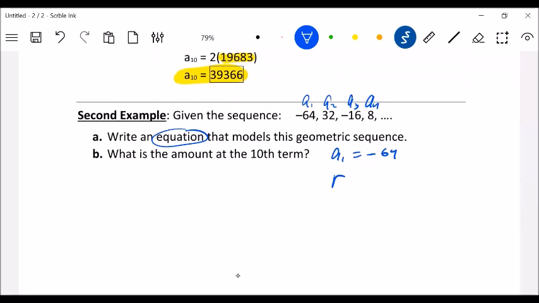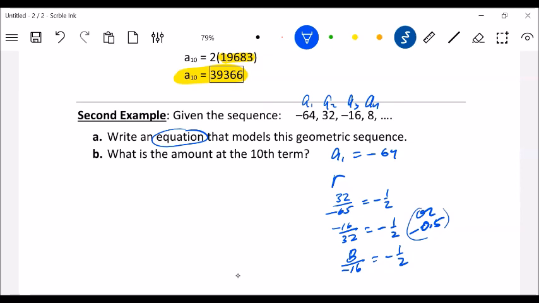For the ratio, we take the second term and divide by the first. It looks like that's negative 1/2. And then we do it with the third term, negative 16, and divide by 32. That's also negative 1/2. And then the fourth term divided by the third term is negative 1/2. We have negative 1/2 each time, or we can say negative 0.5, entirely your choice.